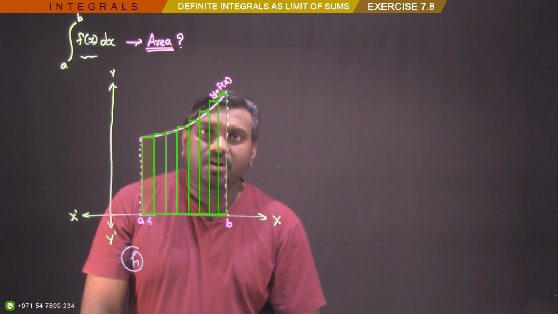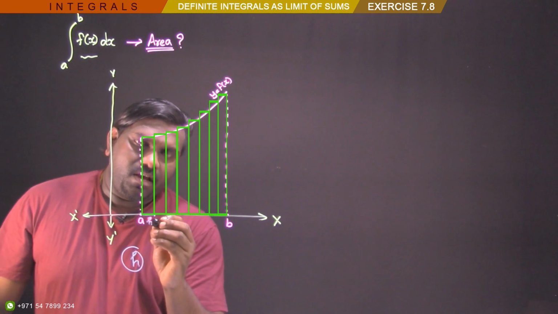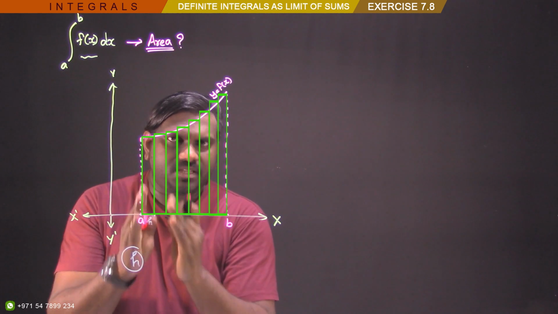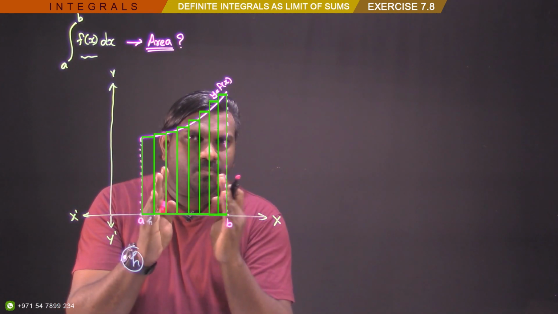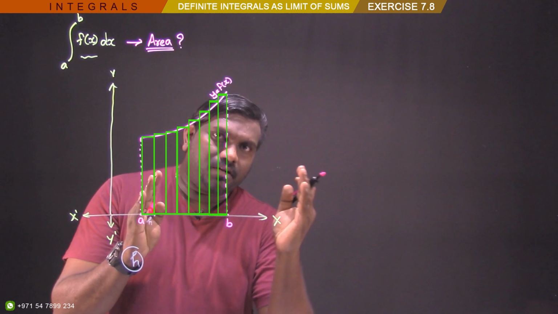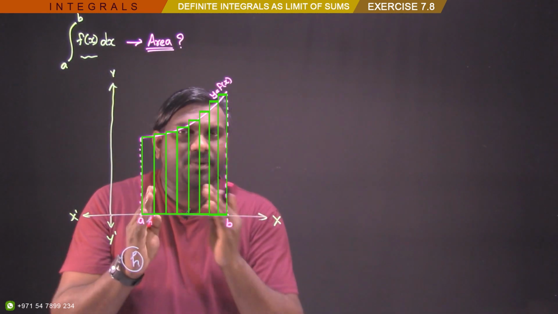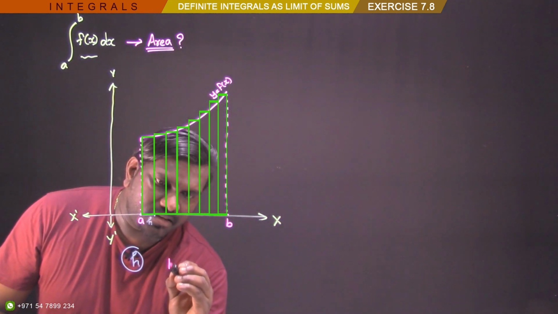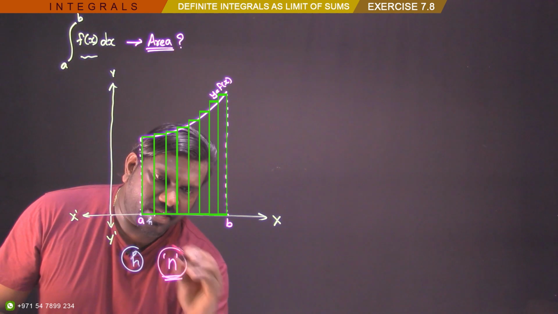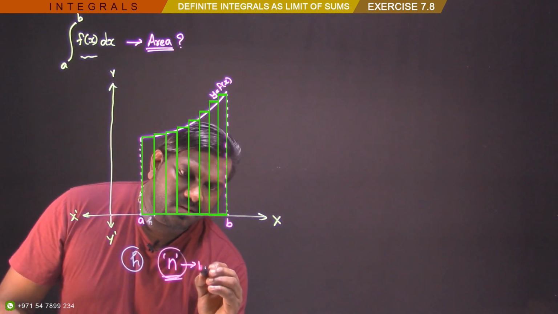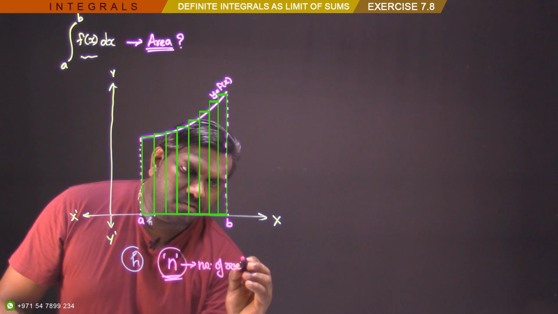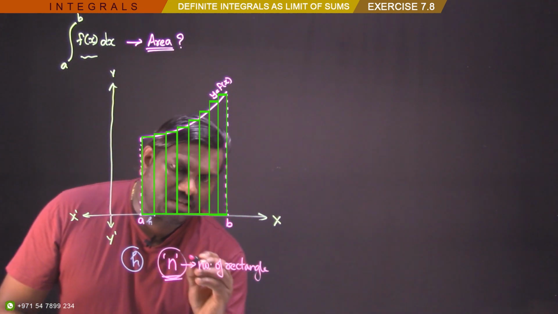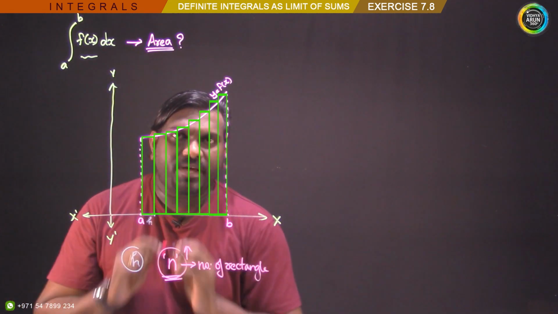Now what I'm going to tell you here is something really important. We have this many rectangles here. When the number of rectangles increases, what happens to your h? If the number of rectangles is n here, then n is nothing but the number of rectangles. If the number of rectangles increases, what will happen to h?